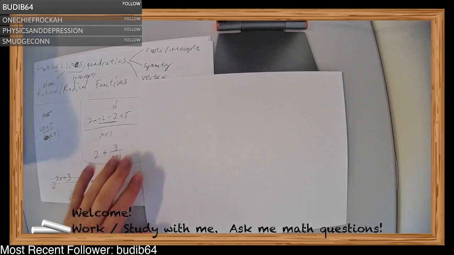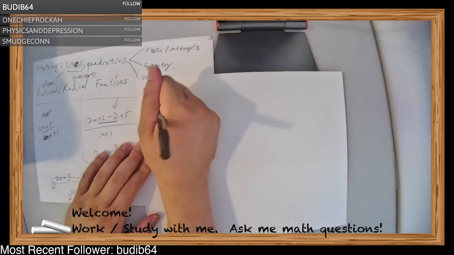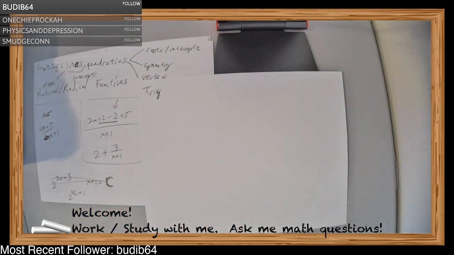We can do trig maybe. So this is trig, part of pre-cal. I'm going to do a proof here, but I need to look up the identity I need to prove. Hold on, guys.